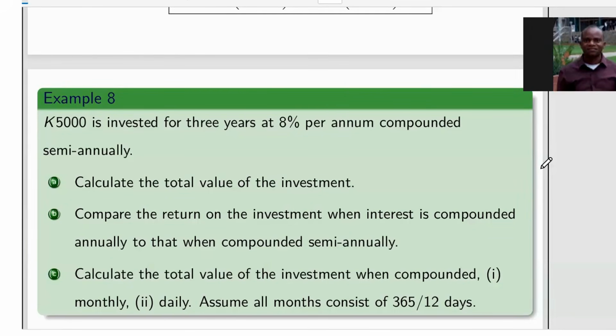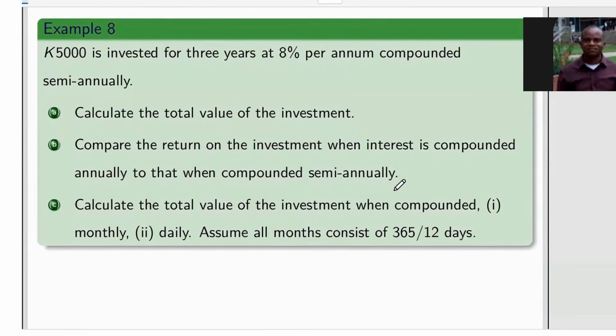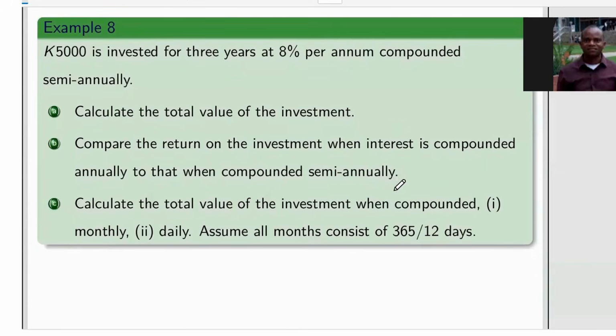Now, let us start with part A. So let us collect the information that we have. We know that 5,000 is the amount invested, which is the present value, or in other words, we have P naught is equal to 5,000 kwacha. Then T is equal to 3 years.